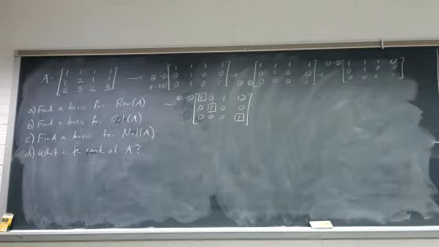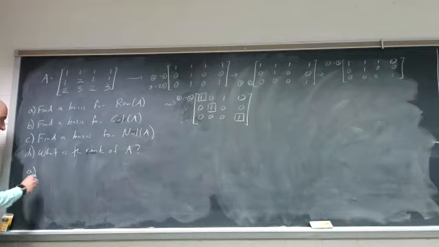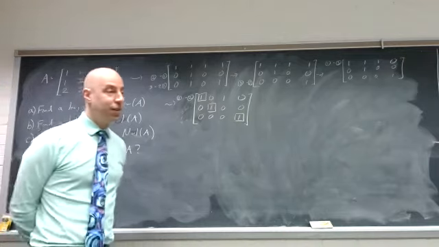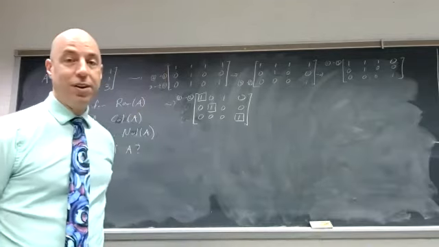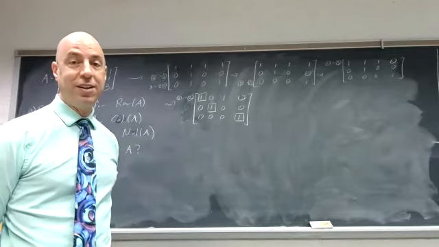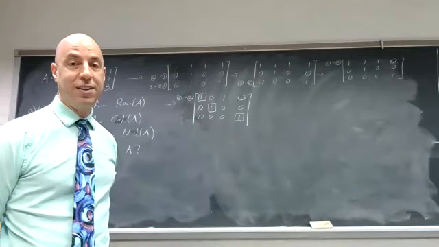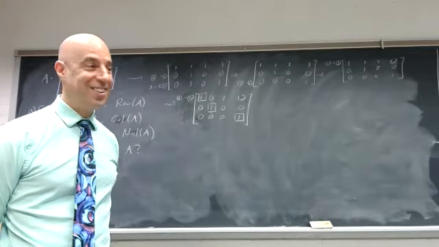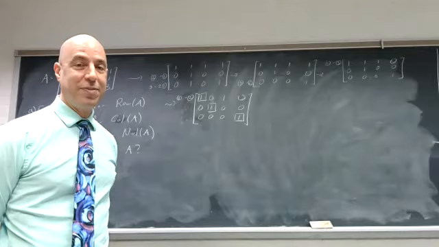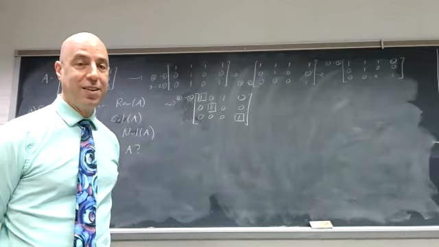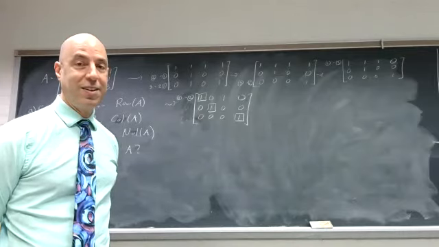Okay, so we need a basis for the row space of A. Now that we have our matrix in reduced echelon form, what do I do? Find the bases.